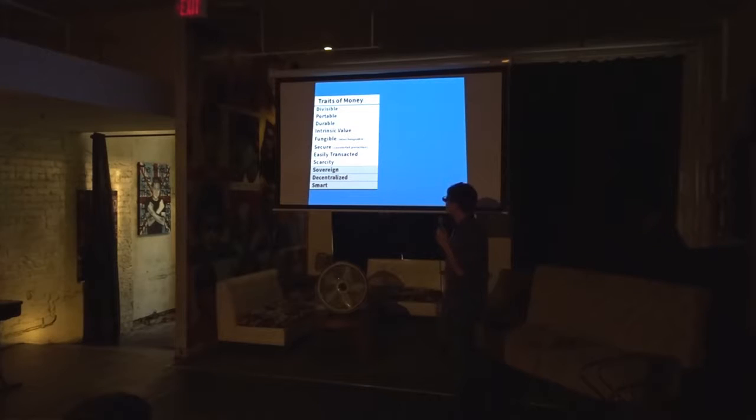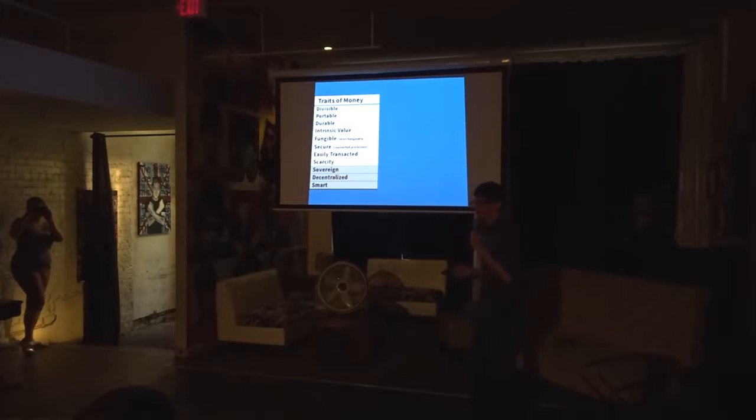You also want to have your currency be easily transacted. Now, this one kind of gets split up a little bit. Some people believe that easily transacted should be, oh, well, here's my money, give me my product. Other people also tie in if your currency is accepted easily, like the US dollar, accepted everywhere. You also need scarcity.